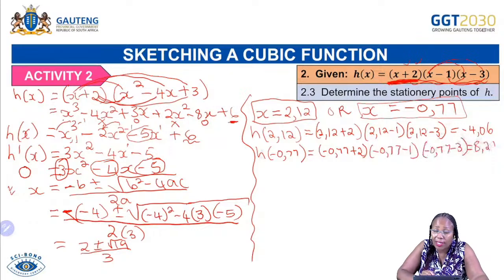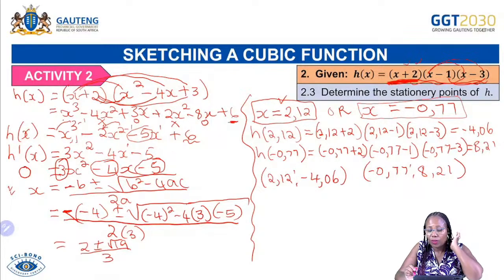So now let's write this in coordinate form. If x is 2,12, the y value will be minus 4,06. And the next one, if x is minus 0,77, then the y value is 8,21. Grade 12, can you now identify which one is the maximum and the minimum turning point?